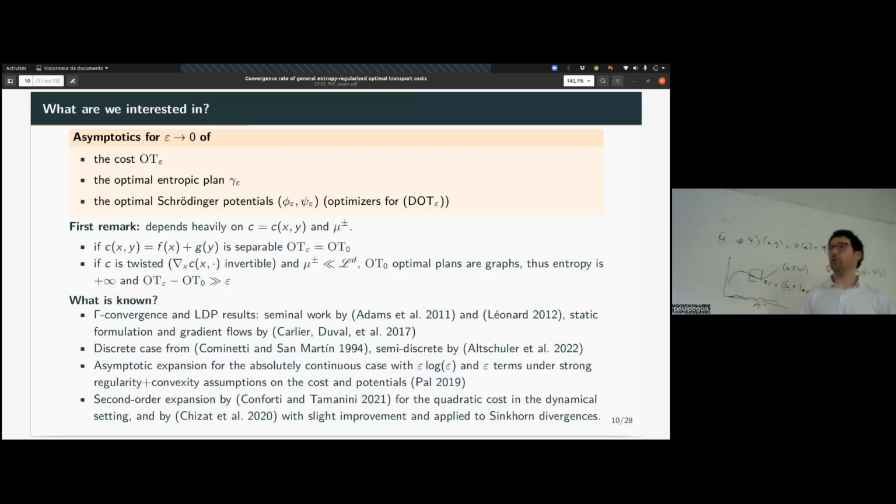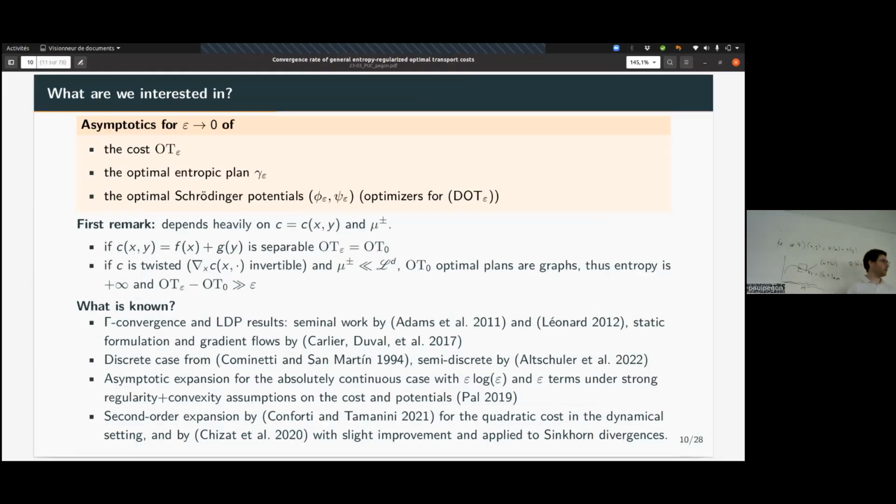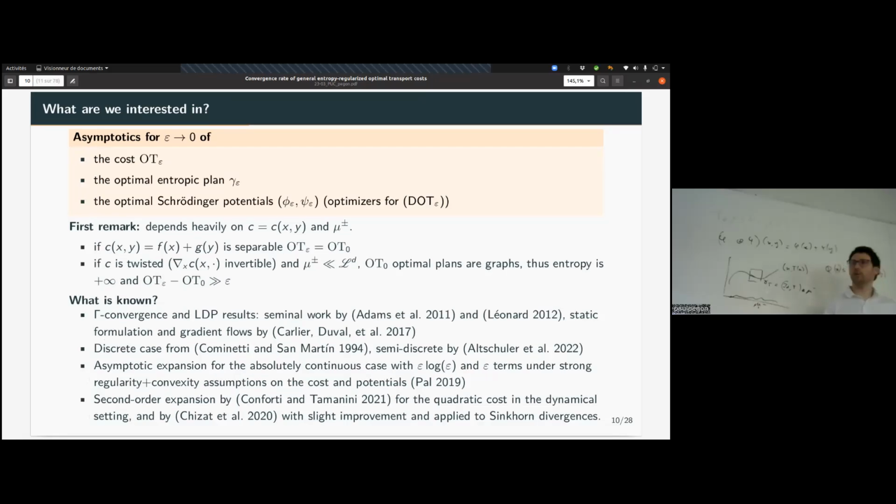So what is known in the literature? You have non-quantitative results, so gamma convergence and regularization principles, which are known. I'm citing some people: the work of Léonard, Adams, Carlier, Duval, also the static formulation for Brownian flows.